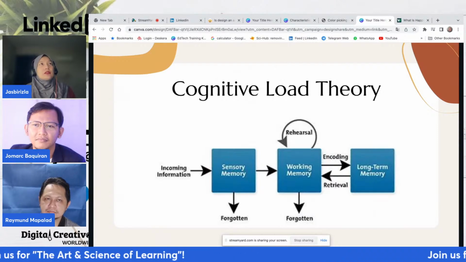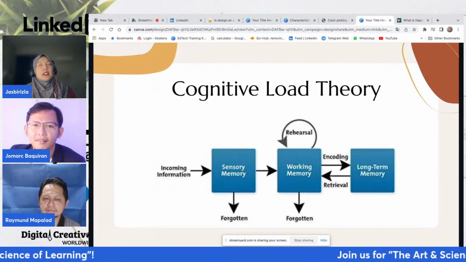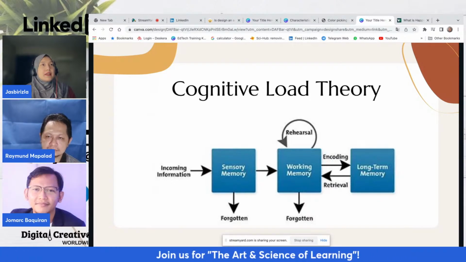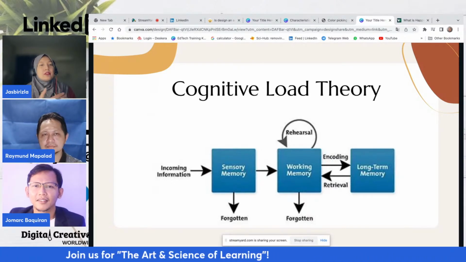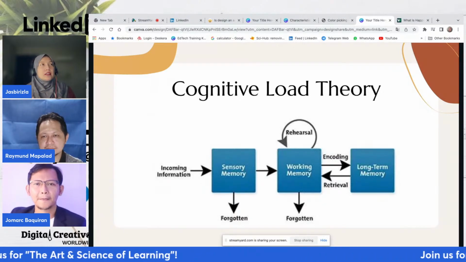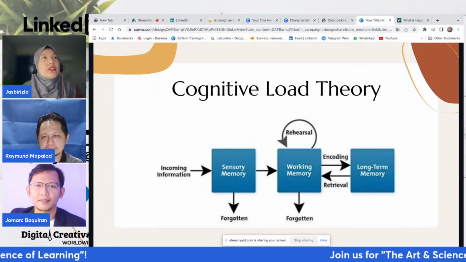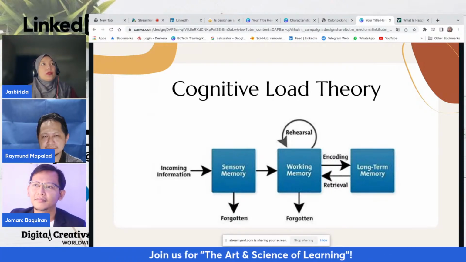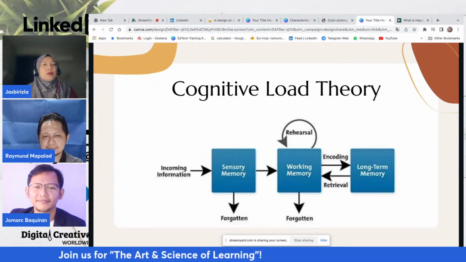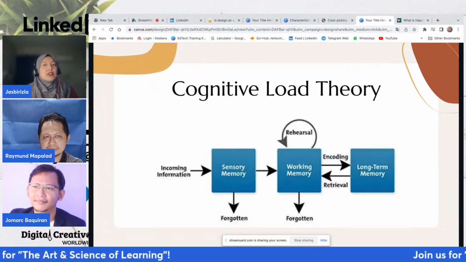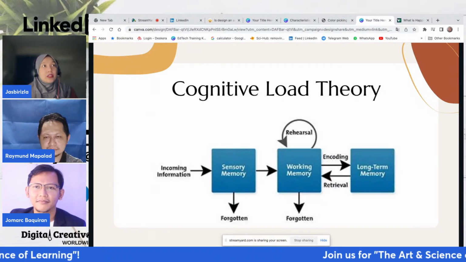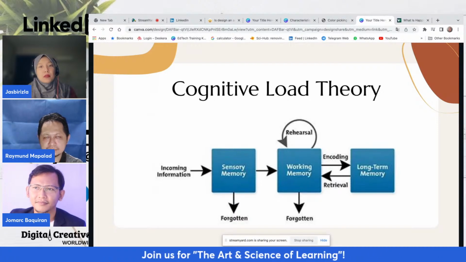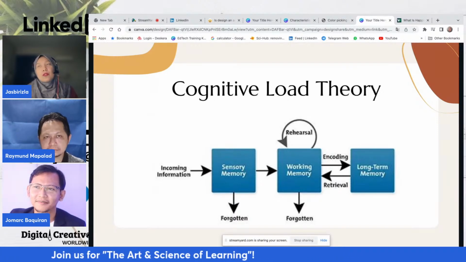When we talk about instructional design, I like what Raymond said. When it is a science, you have to have well researched methods, well researched thoughts behind it. One of the essential theories in designing instruction for human beings is cognitive load theory.